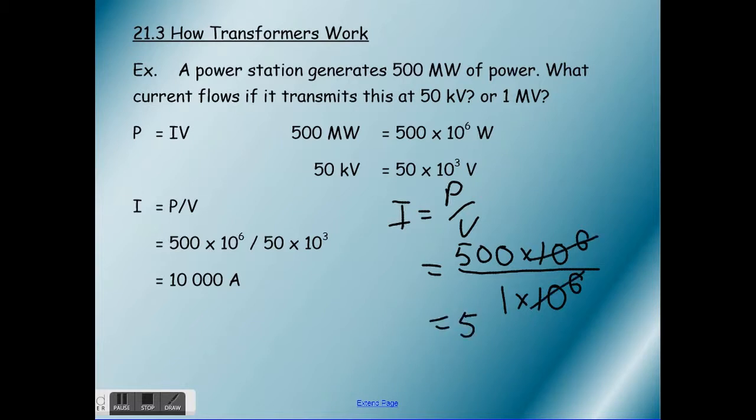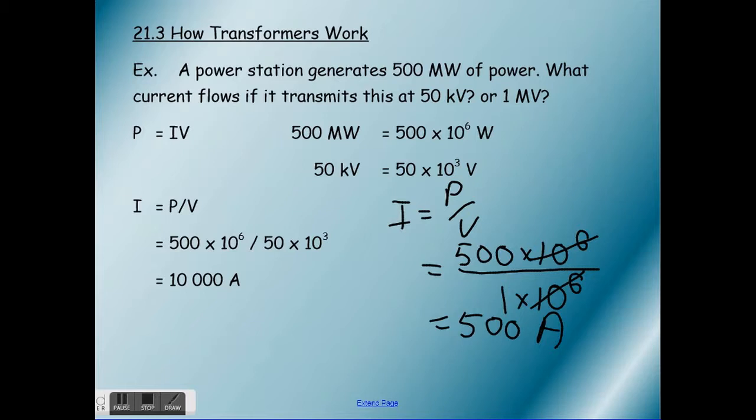Is it 500? Oh yes, it was. Because they're both mega units, megawatts and megavolts, you can just take the mega out, and then it's 500 divided by 1, which is 500.